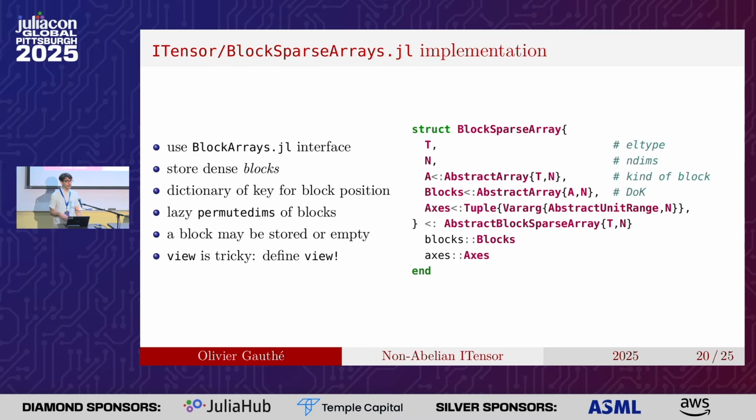We used it inside ITensor to define a block sparse array object that stores dense blocks, but the blocks may be missing because it's a sparse array. So either a block is present and then it's stored typically as a dense array, although it should be generic, agnostic with respect to the type of the block. Or the block is missing and then you just don't store it at all. You just need to be careful when you take views of a block that may be missing, so you may need to initialize it first.